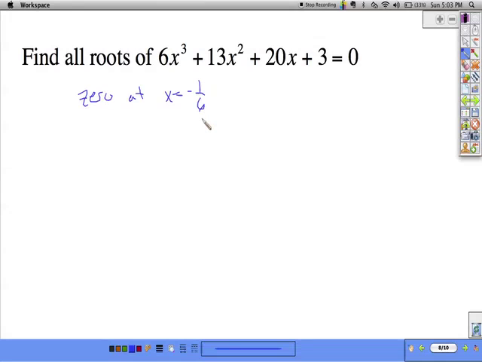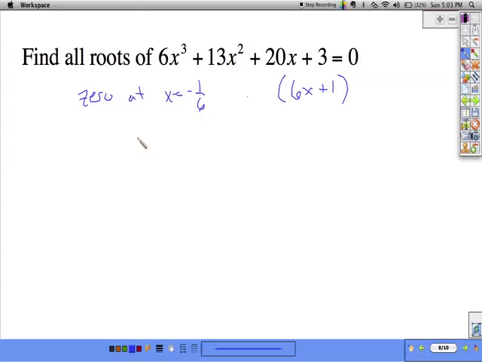And that's a pretty important thing to know. Since that's a 0, I know that 6x plus 1 is a factor. That's a linear factor that would give me that 0.